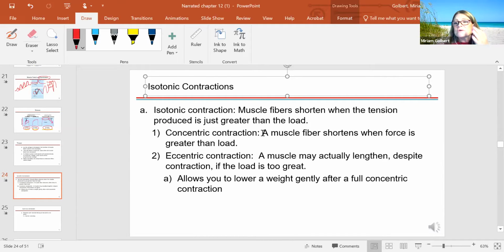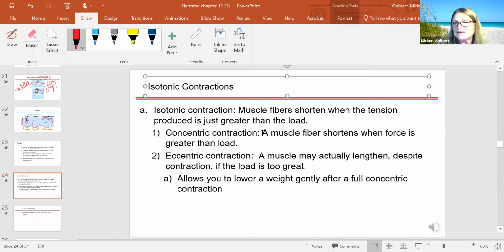The eccentric is that even if the muscle is contracting, the load is so great that the muscle stops shortening and it starts to stretch. So imagine those bodybuilders in the Olympics when they have to lift those heavy weights, and they keep adding, and they try to lift, and they can't.